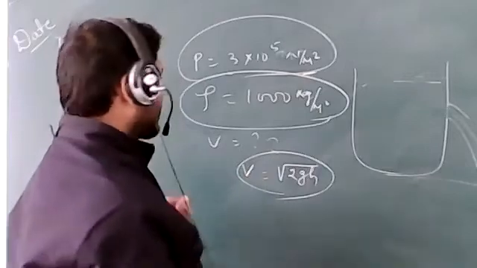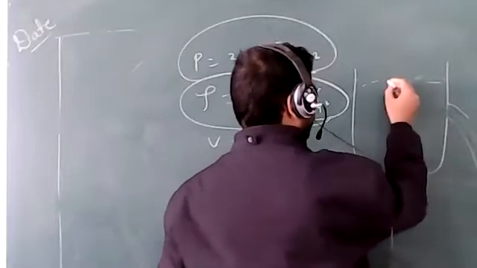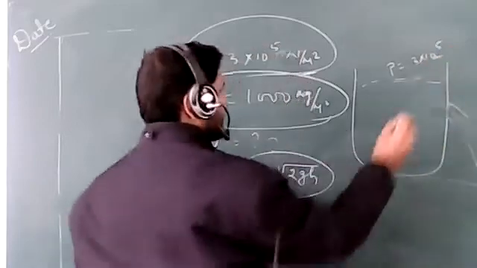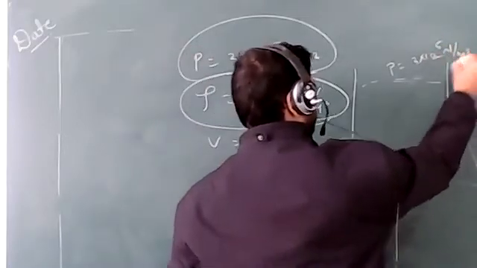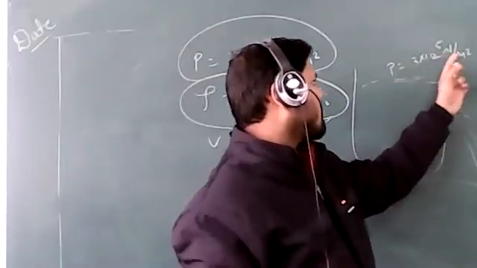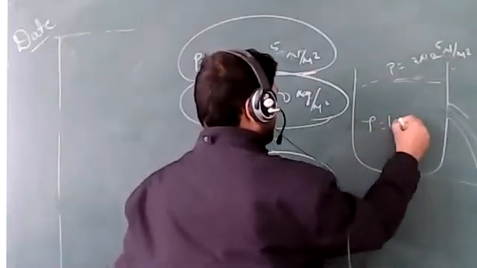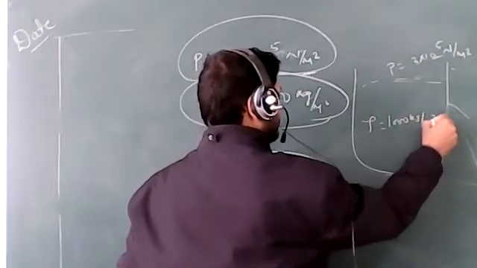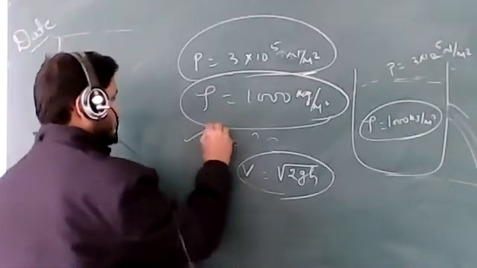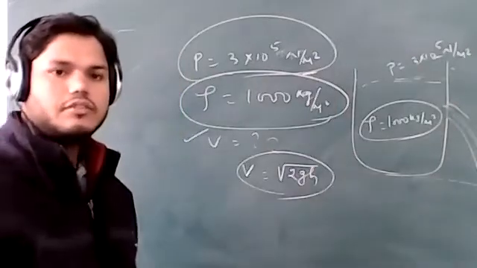Height is not given, but the pressure before the water flows out of the orifice was 3 into 10 to the power 5 Newton per meter square, and the density of water is given as 1000 kg per meter cube. You have to find out at what velocity the water will emerge out from that orifice.